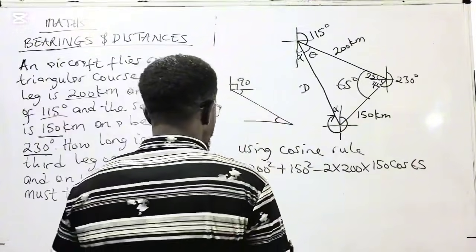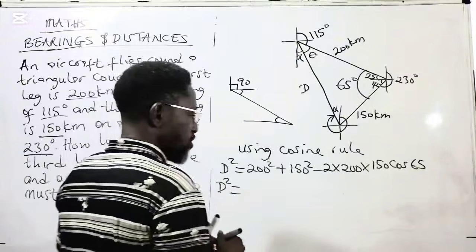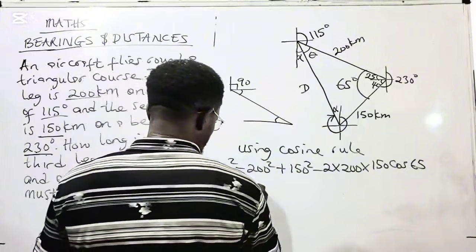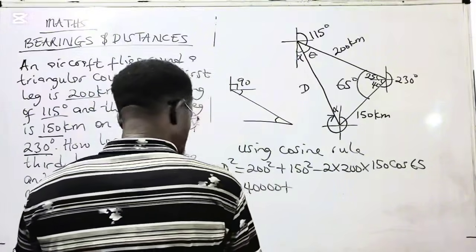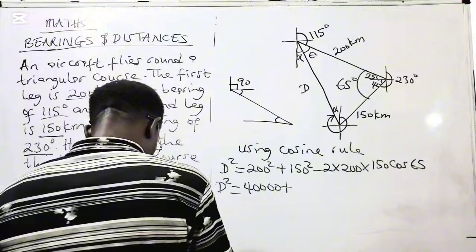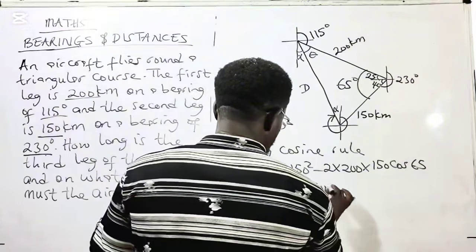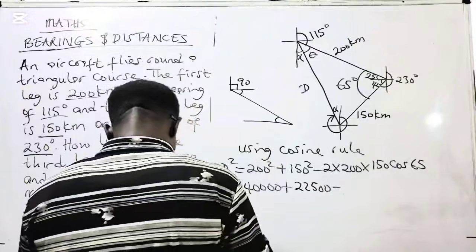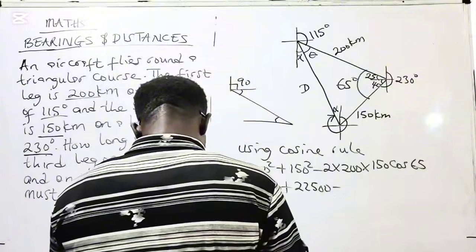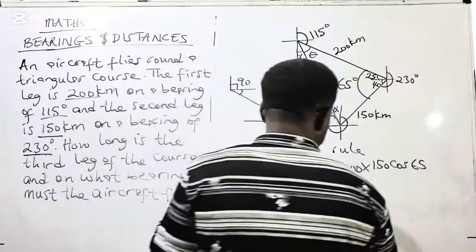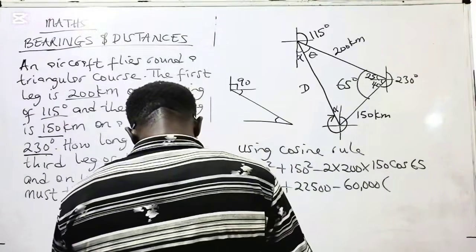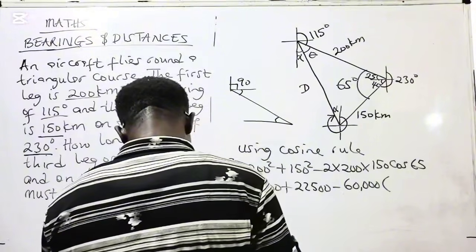Two times 200 times 150 is 60,000, and cos 65 is 0.4226.